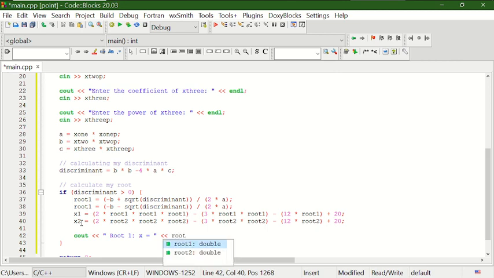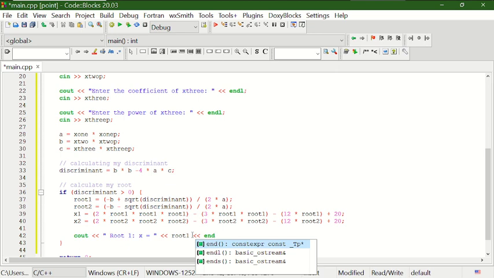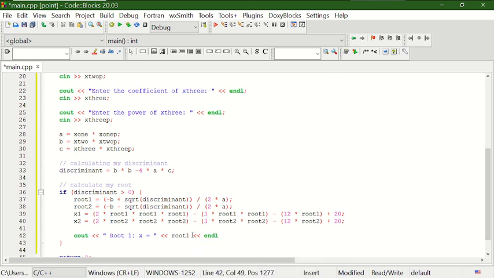So for root 1, x is equal to root 1. Then we need to end line, so we terminate that.